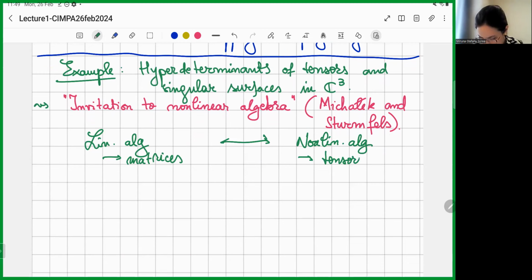If in linear algebra we encounter the determinant of a matrix, in nonlinear algebra the key tool is the so-called hyperdeterminant.